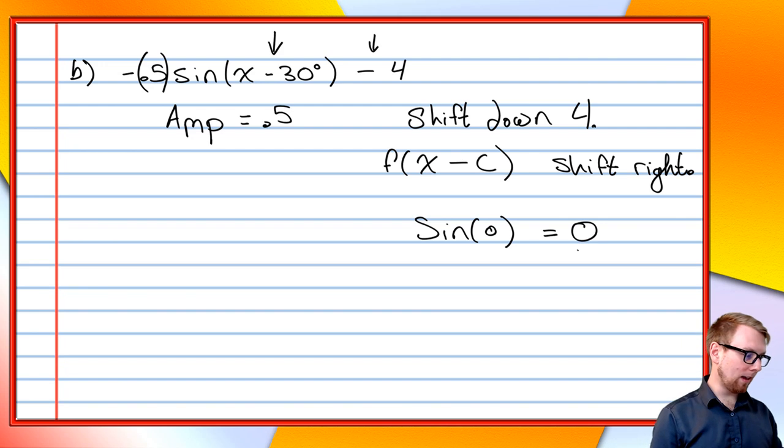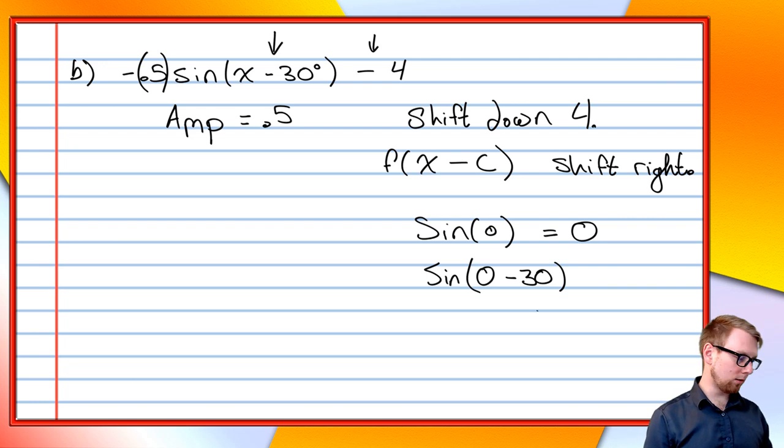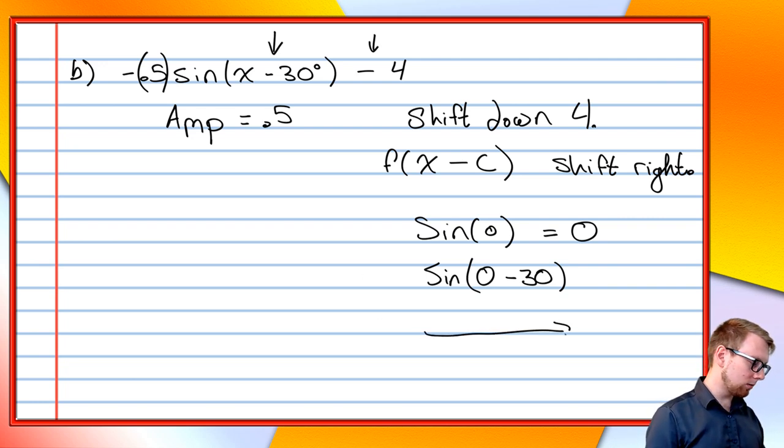But if we have something like 0 minus 30, that's not 0 anymore. That's minus 30 degrees. So we need to actually move over to the right so that it's sine of 30 minus 30 to give you 0.